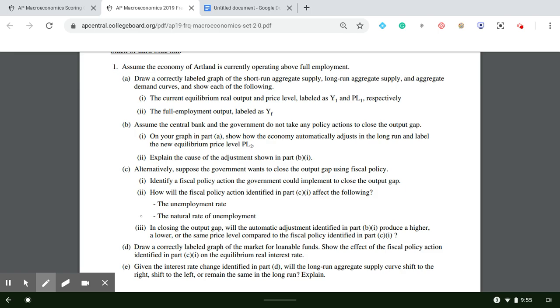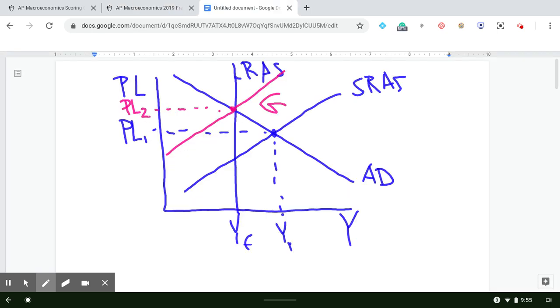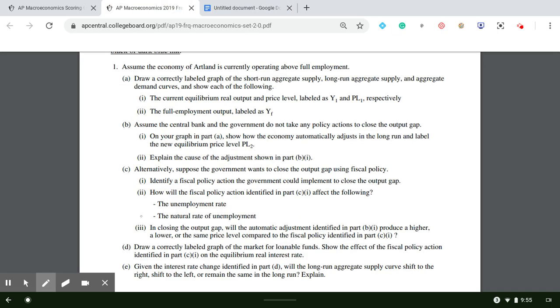Alternatively, suppose the government wants to close the output gap using fiscal policy. So that's like this pink line never happened, and so we're faced with inflation. Identify a fiscal policy action the government could implement to close the output gap.